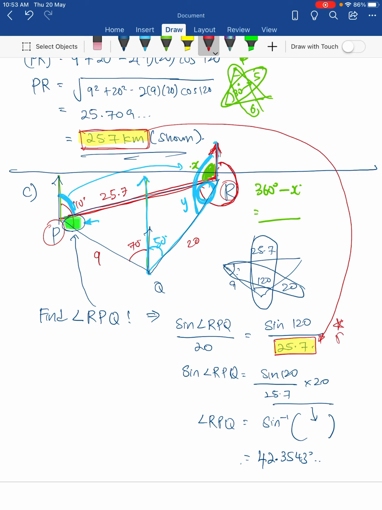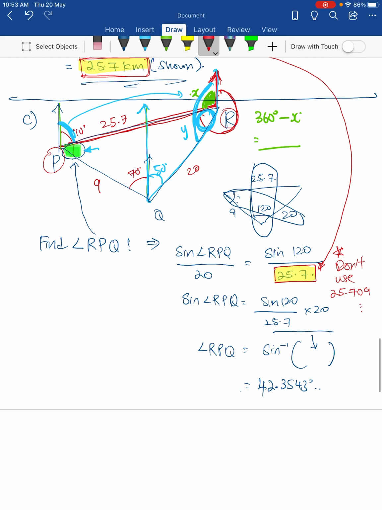I write it down: don't use 25.709, because once we prove that we showed something, we use back the value that is given. Therefore if we use this value, let me erase this, it should be 42.3726. So this is the angle highlighted in green.